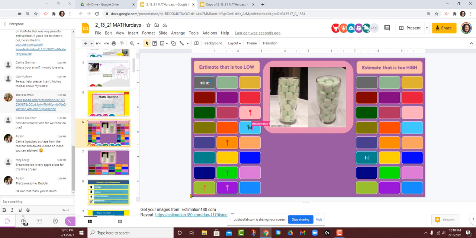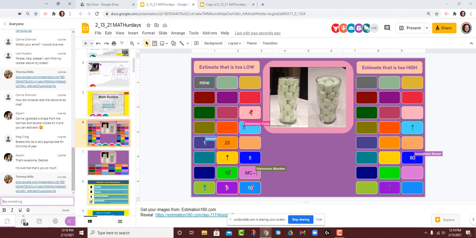So over on the left-hand side, what's an estimate for how many marshmallows are in 1 cup? And give us an estimate that is too low. Again, if you are wanting to interact with the slides, the link is in the chat box. Give us an estimate that's too low.